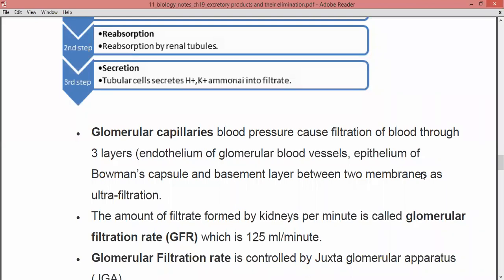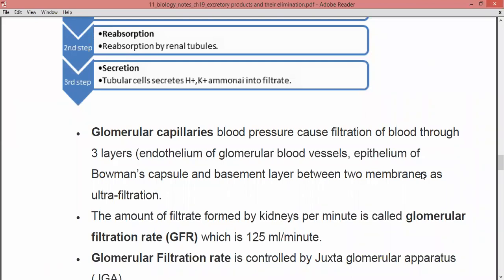The filtration of the blood occurs through three layers present in the glomerulus. The first layer is the endothelium of the glomerular blood vessel. The second is the epithelium of the Bowman's capsule.